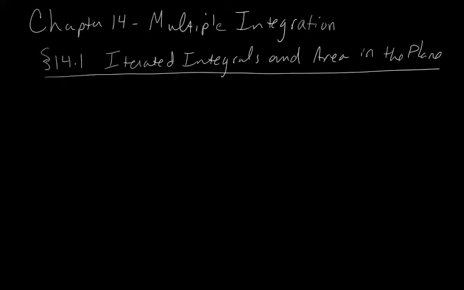Chapter 14, Multiple Integration, and section 14.1 is the iterated integral and area in the plane. So an iterated integral is just basically taking integrals of integrals. So let's write that down.